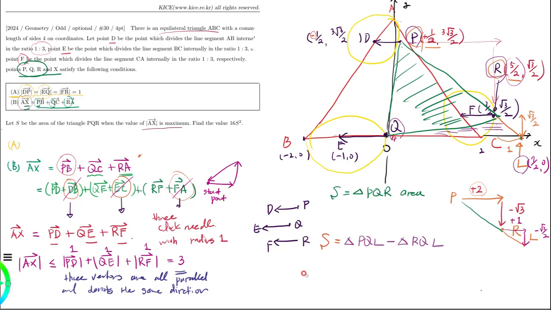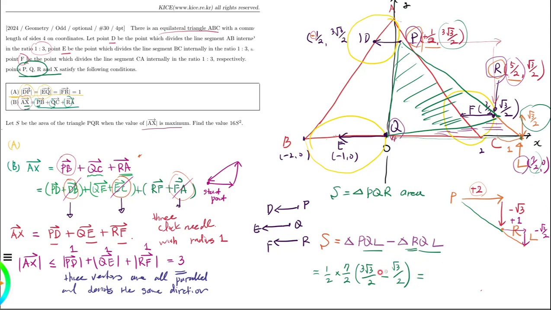They share the bottom side QL. So if you compute, the length of the bottom side is 7/2, and the height is 3 times square root of 3 over 2 minus the height for the second triangle, which is square root of 3 over 2.